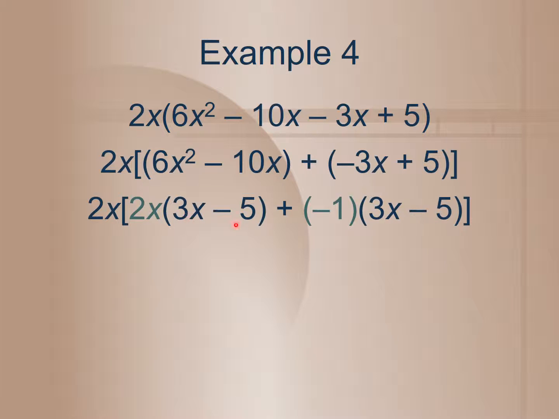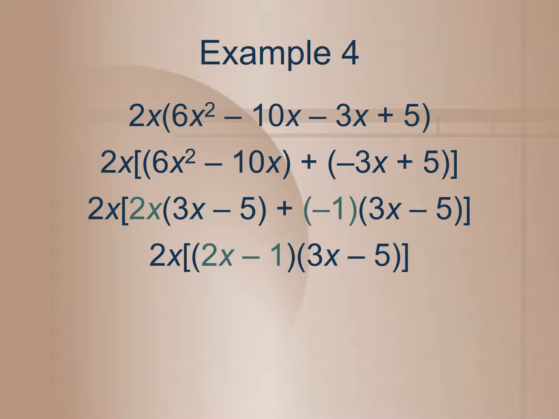I have 3x minus 5 and 3x minus 5 that I can factor out. That will leave me 2x minus 1. So here's this 2x, it just came down for the ride. I factored out this 3x minus 5, and it left me with 2x minus 1. So from here, this is as far as it will factor. We can go ahead and lose the extra set of parentheses, though. We don't need those.